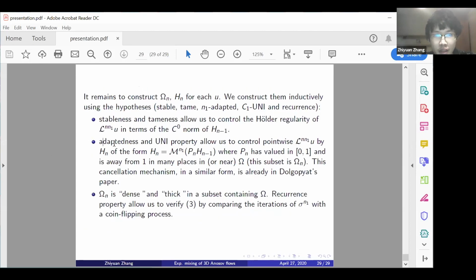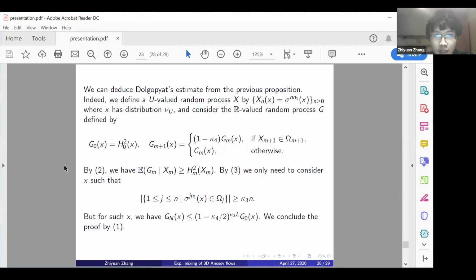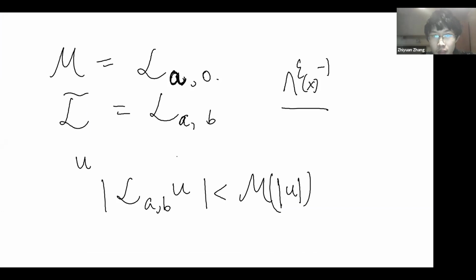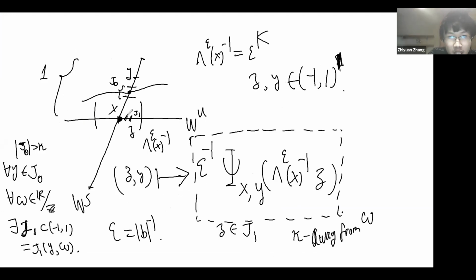And this is a technical condition, and this non-uniform integrability condition allows us to find this set. Or you can think of it in the picture I drew. For each omega, you can find an interval here.